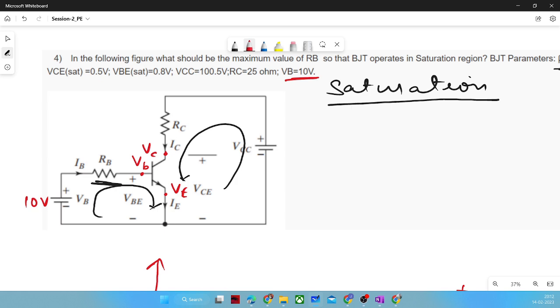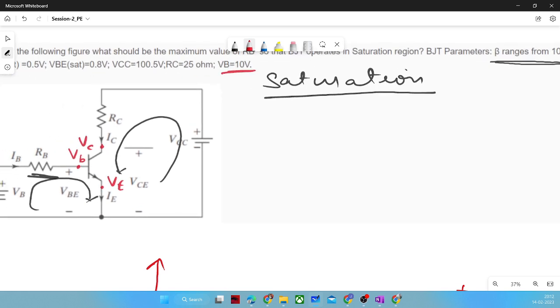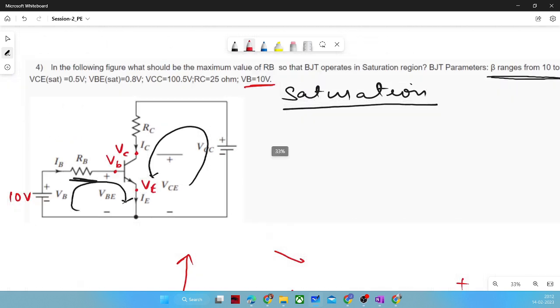RB is not given, I guess. RC is given. RB we have to find the range. Yeah, of course, RB we have to find. So first we somehow find IC, okay?